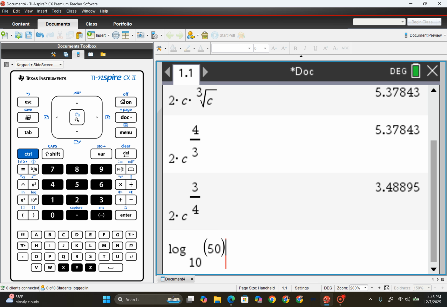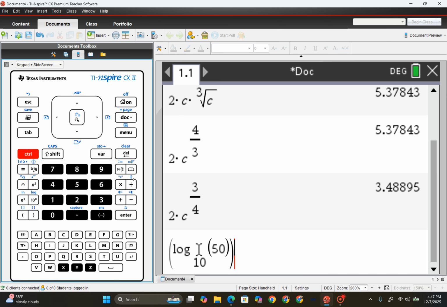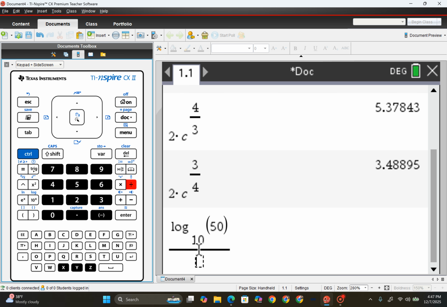So I can go ahead and put close parentheses and then hit control division. You see what it just did? And put the 19 at the bottom. And then I'm going to take this right here and I'm going to store this in. So control and that button, I'm going to store this in for X. Okay, and I'm going to hit enter.